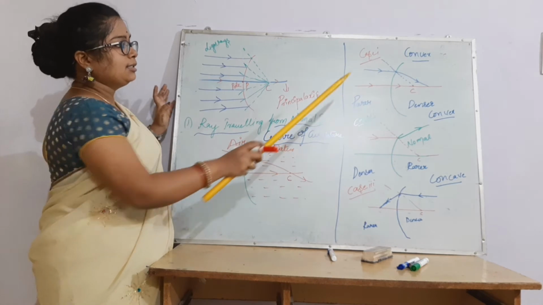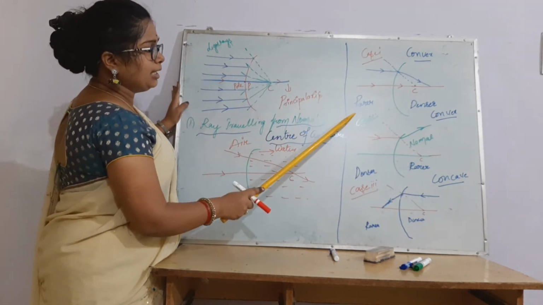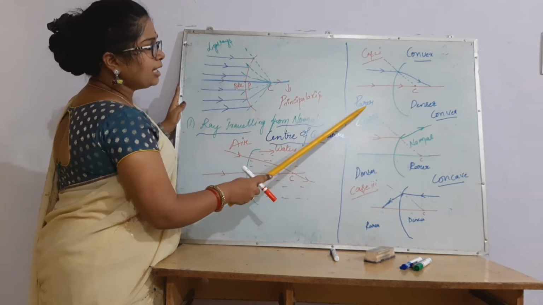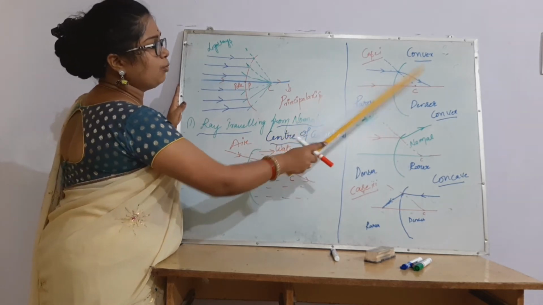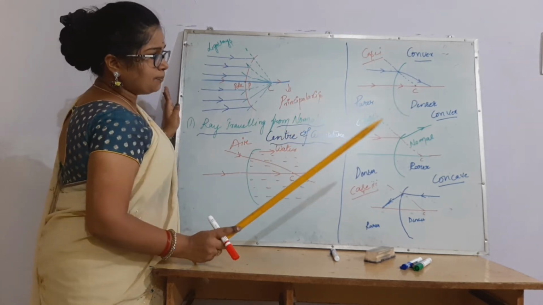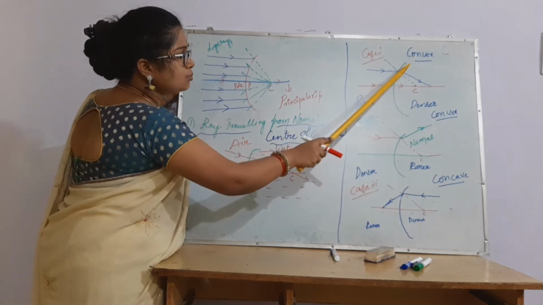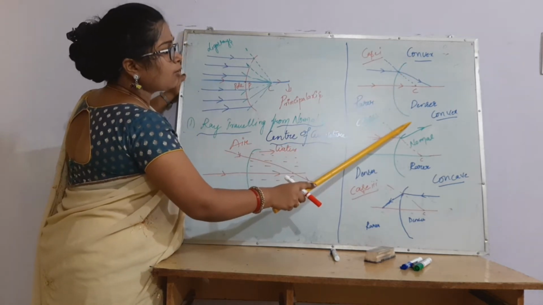And next, case 1. Suppose this is the rarer media, air, and this is the denser media, water. Here I take a convex surface.